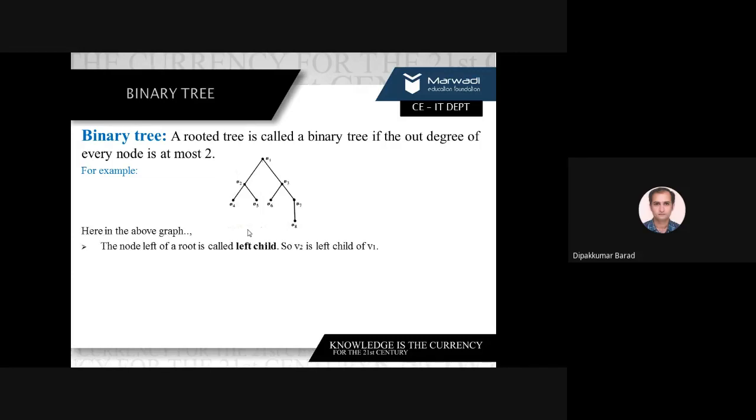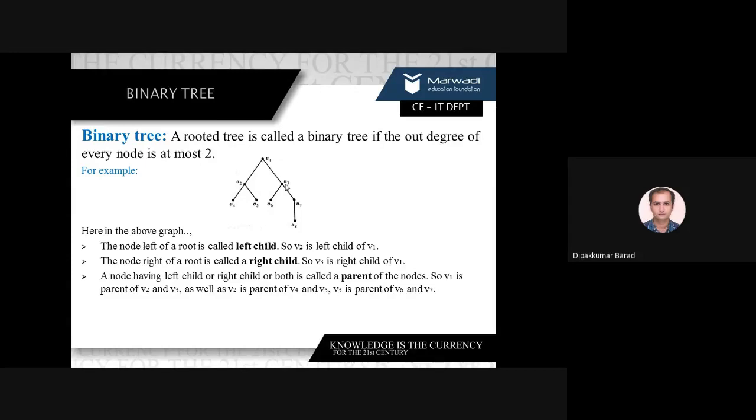The node to the left of the root is called a left child. Here we will call v2 the left child of v1, and v3 is the right child of v1. So v1 is the parent, v2 is the left child, v3 is the right child.